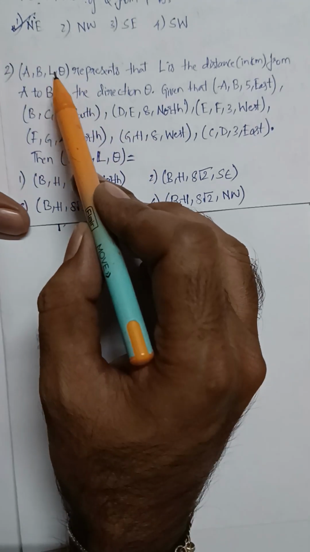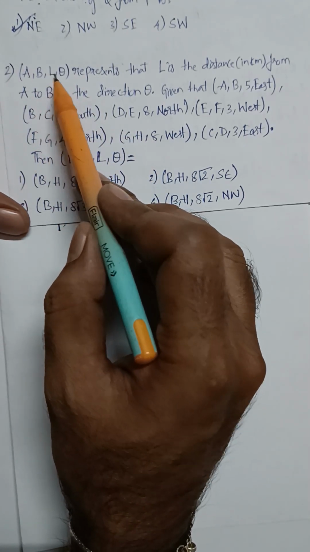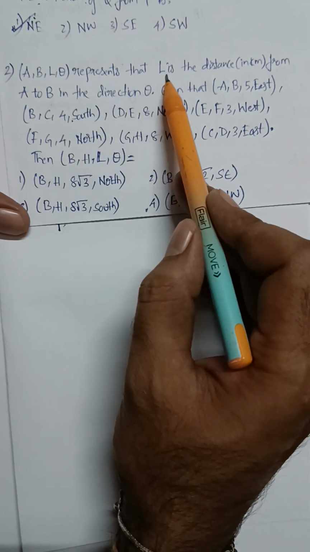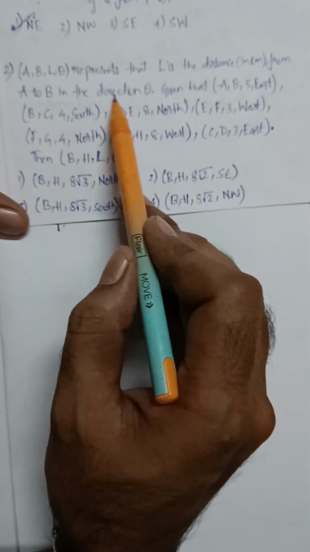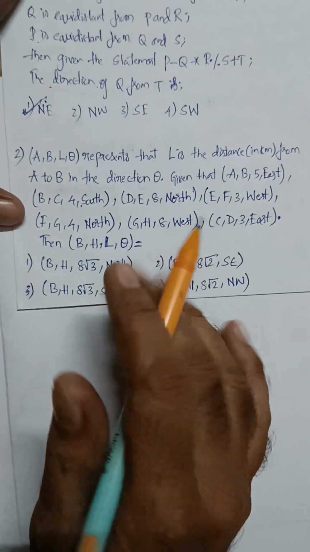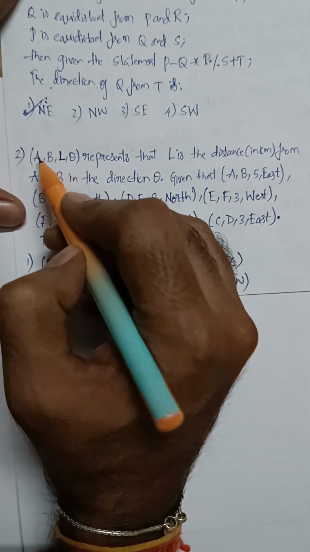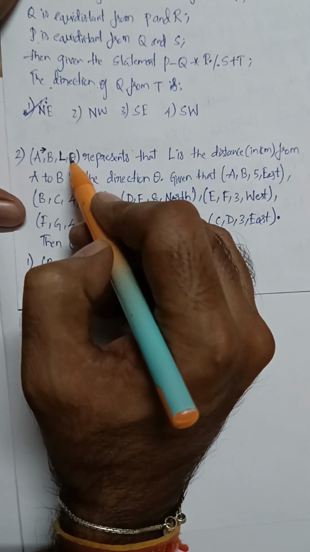Now A, B, L, theta is representing that L is the distance in kilometers from A to B in the direction theta. So here L is the distance from A to B, in the direction of theta.